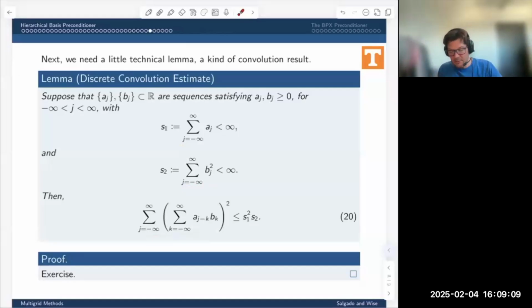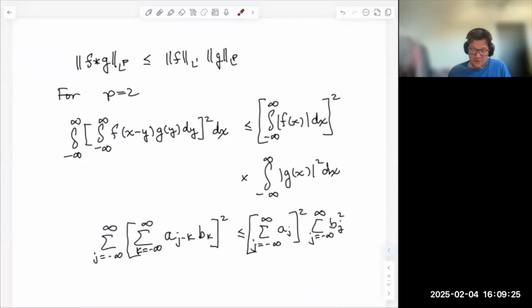Now, let me just convince you of this by reminding you of Young's inequality for convolutions, because Young's inequality for convolutions proves this thing entirely if you do the right conversion. So here's Young's inequality for convolutions.